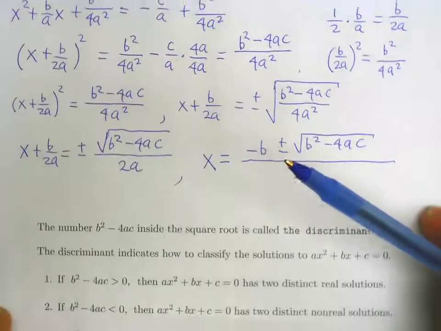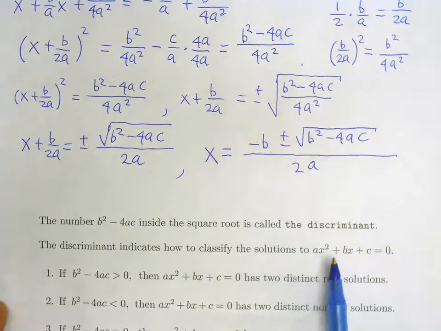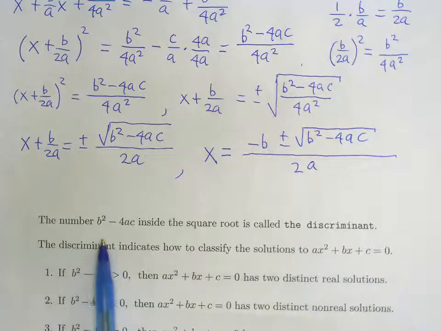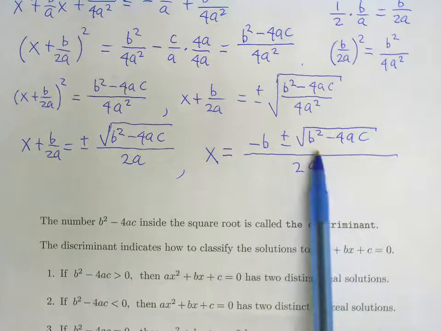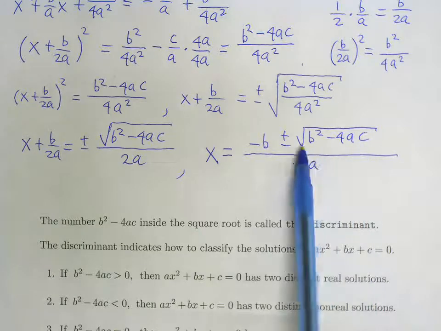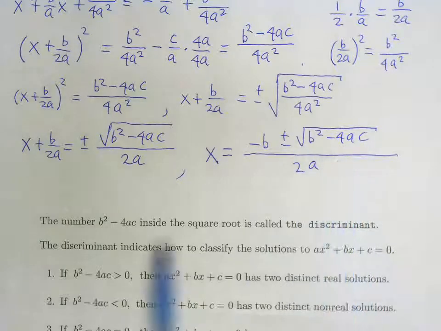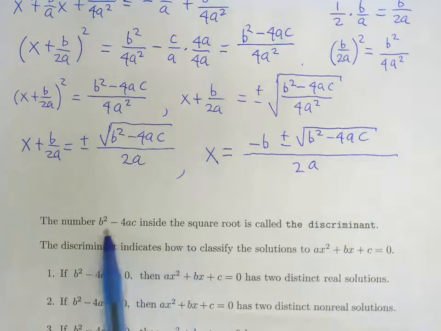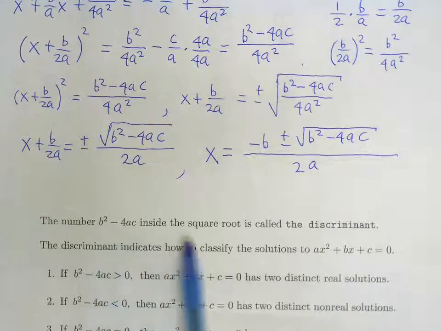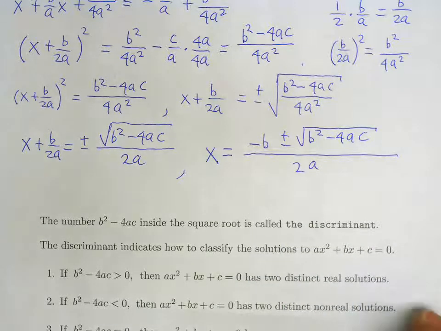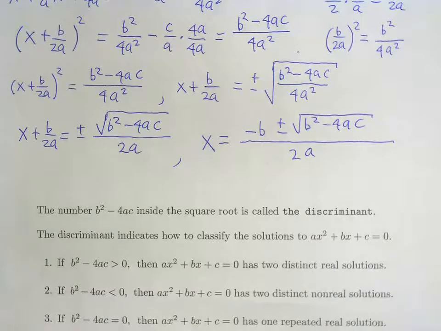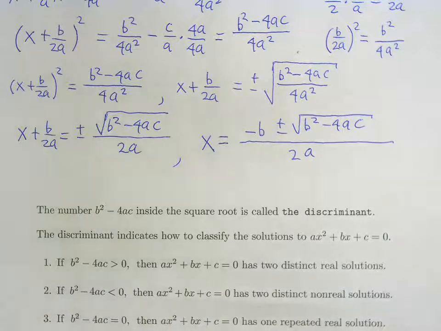Okay, so now something that you need to know. The number b to the second minus 4ac, that's the number that's inside the square root in the quadratic formula. This number, b to the second minus 4ac, is called the discriminant. So the discriminant tells you how to classify the solutions, because we know pretty much all we need to know about square roots of real numbers.